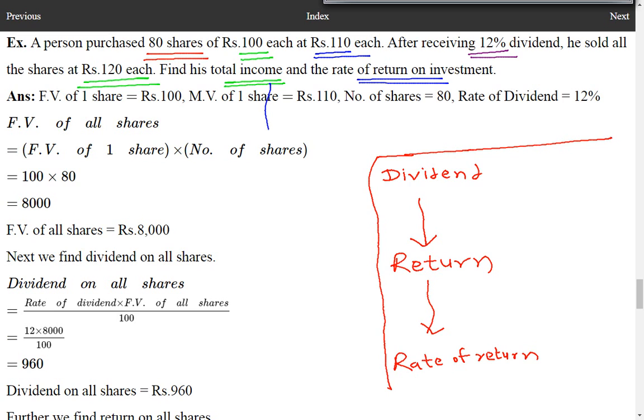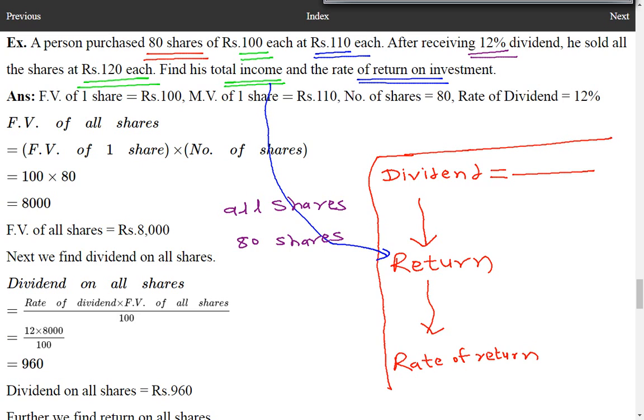Total income is nothing but return, his net income, which we will have to find. So first we will find dividend. To find dividend, again note that we are going to consider all shares. There are 80 shares.